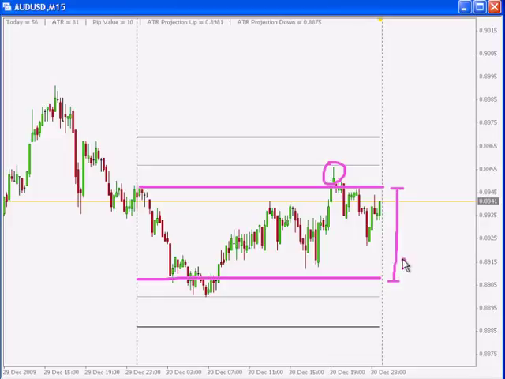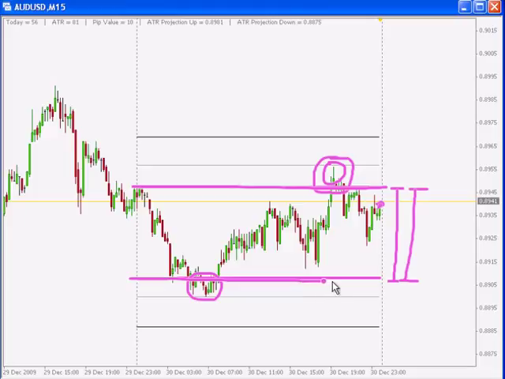So if we took an entry right now, let's assume our system gave us a buy entry at this level, this would be an aggressive entry, so to speak, because price has already moved beyond the 50% band. Please mind that the way you read this indicator is not by seeing whether price is within the 50% band at the time of the entry, but at any point throughout the day.